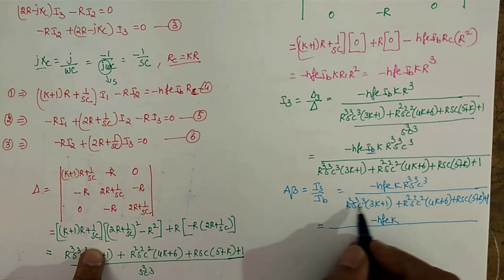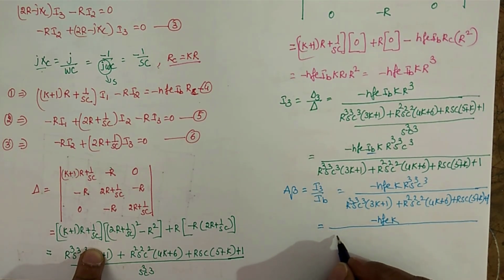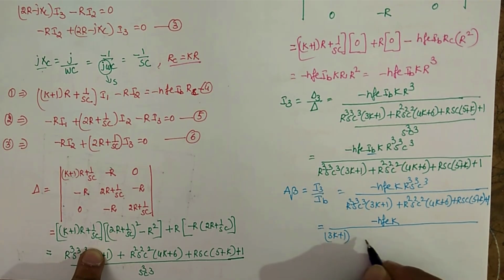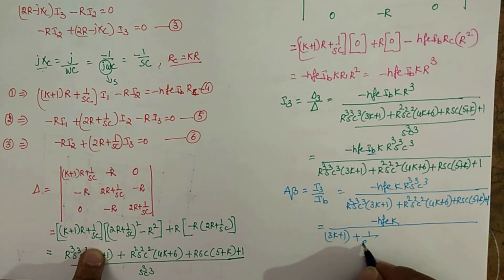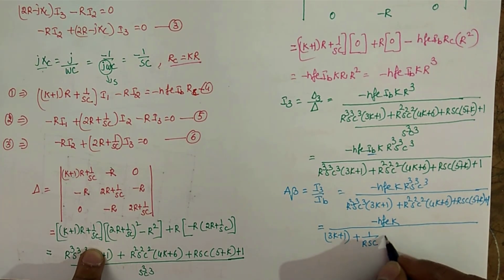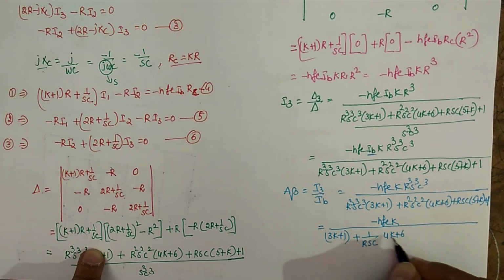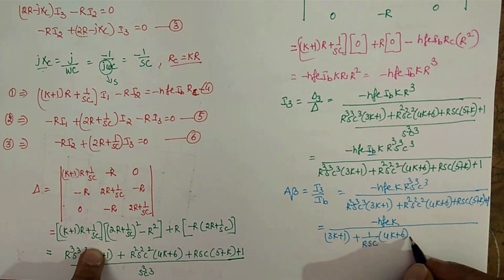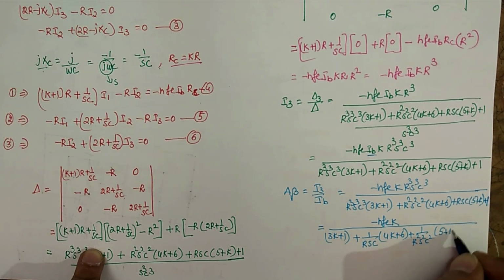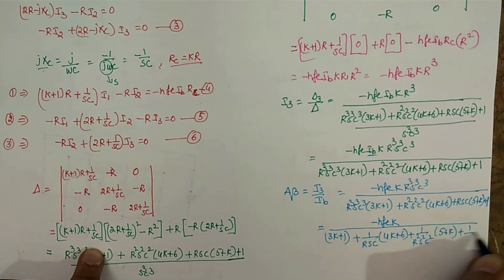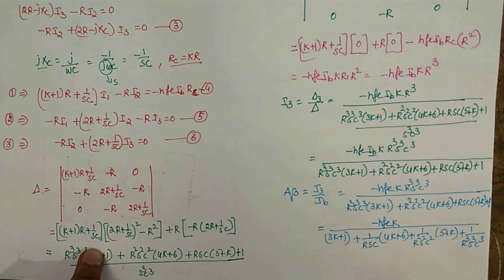So if you divide it with R cube S cube C cube, you'll be with 3K plus 1 plus, you'll get here 1 by RSC into 4K plus 6. Then here I'll get 1 by R square S square C square of 5 plus K plus 1 by R cube S cube C cube.